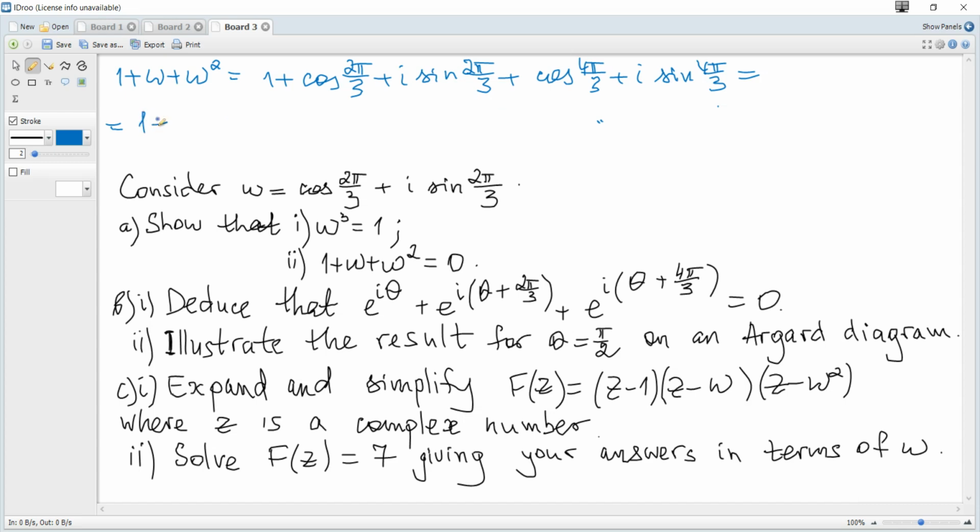So it becomes 1 plus cosine of 2 pi over 3. 2 pi over 3 is 120 degrees, and we know that cosine of 120 is the same as negative cosine of 60.